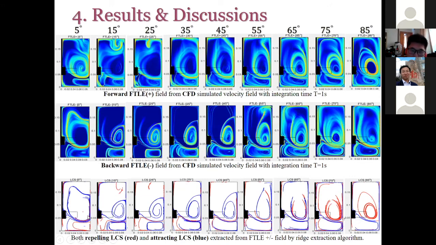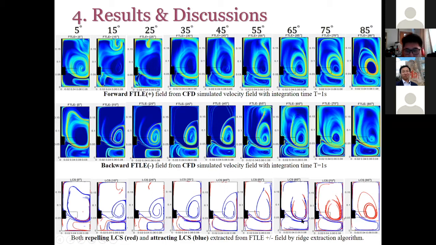So you can see, because we know the attracting LCS has the nature of attracting, almost at this region, almost all flow elements will go to the tank boundary and flow up.